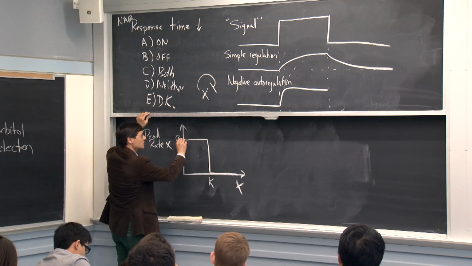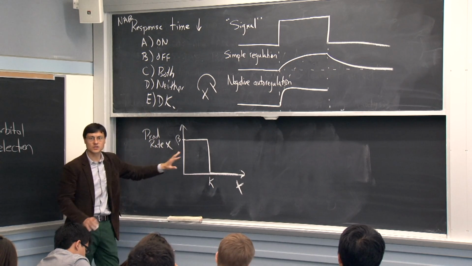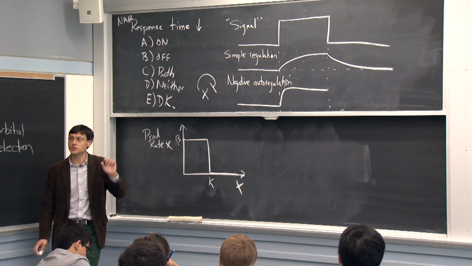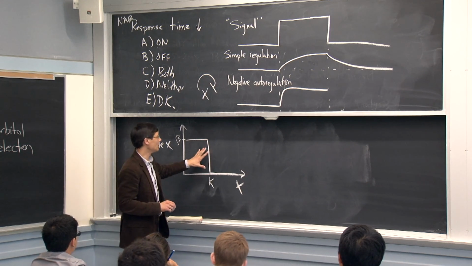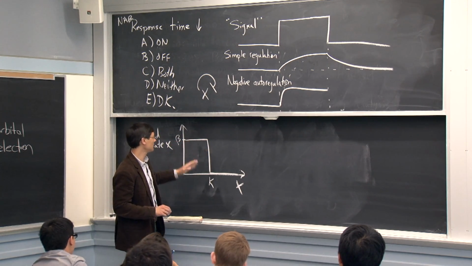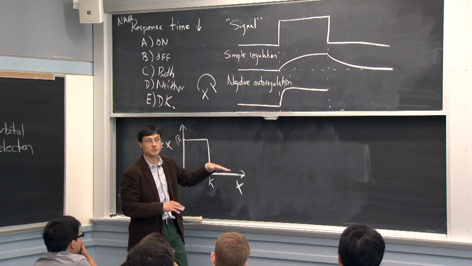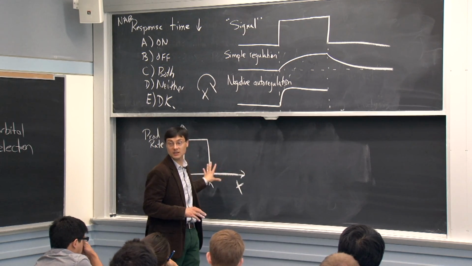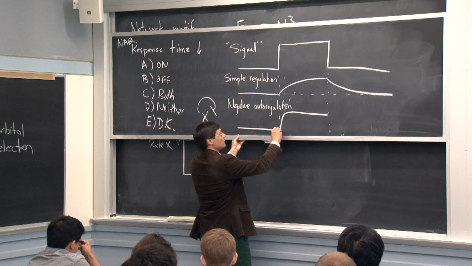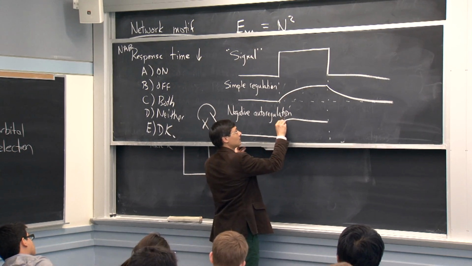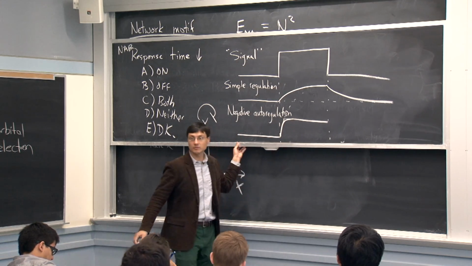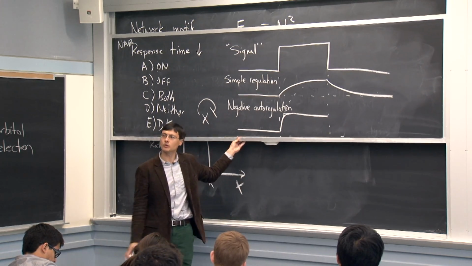Real versions will be much smoother, but this is useful to start getting the intuition. You shoot up to this K, and then you stop expressing. In this limit there's even a kink because it shoots up and then turns around, but any real system will be smoother.